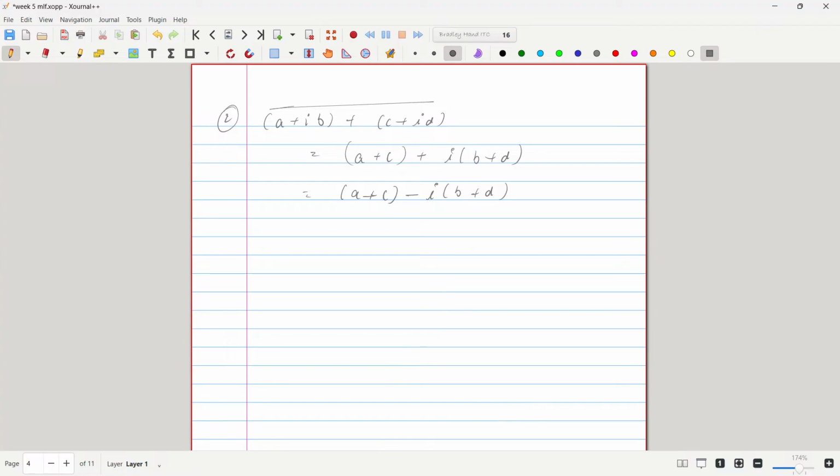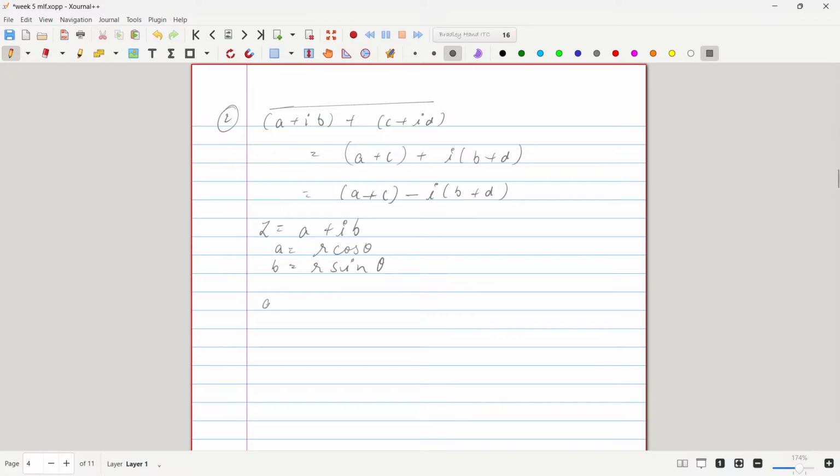And generally, suppose you are having a complex number a plus iota b, you will take a as r cos theta and b as r sin theta.